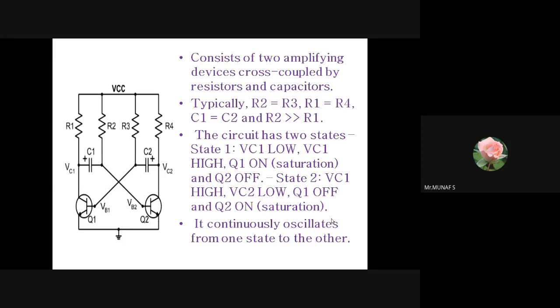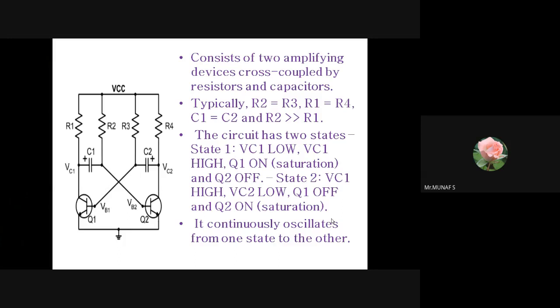It has two quasi-stable states. In state 1, VC1 is high and VC2 is low. We are aware that when a transistor is in the on condition, the collector emitter voltage is low, and in the off condition, the collector emitter voltage is high. So VC1 low means transistor Q1 is in the on condition.